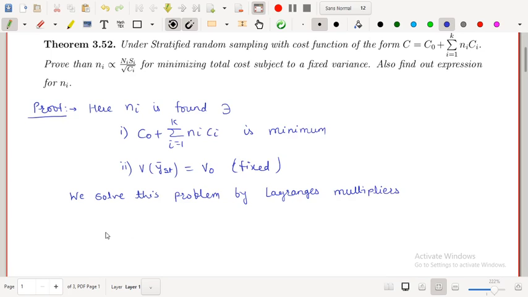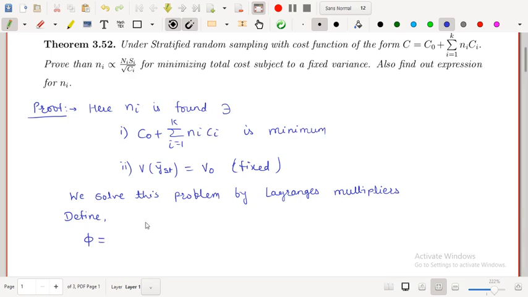Here we define phi, and after defining phi we have to take its derivative with respect to Ni and equate it equal to 0, and for that value of Ni this cost is minimum.